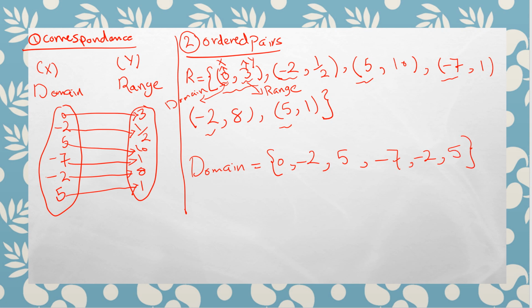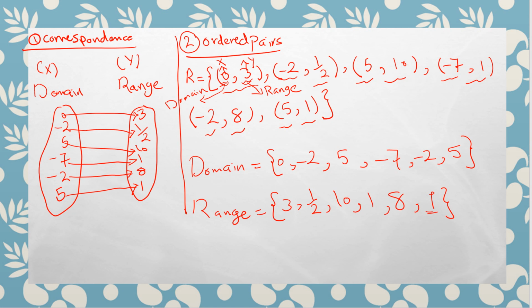And the range of the relation would be all the values of y, which are 3, half, 10, 1, 8, and 1. So we represented the relation between the two variables x and y, first in a correspondence form and second in ordered pairs.